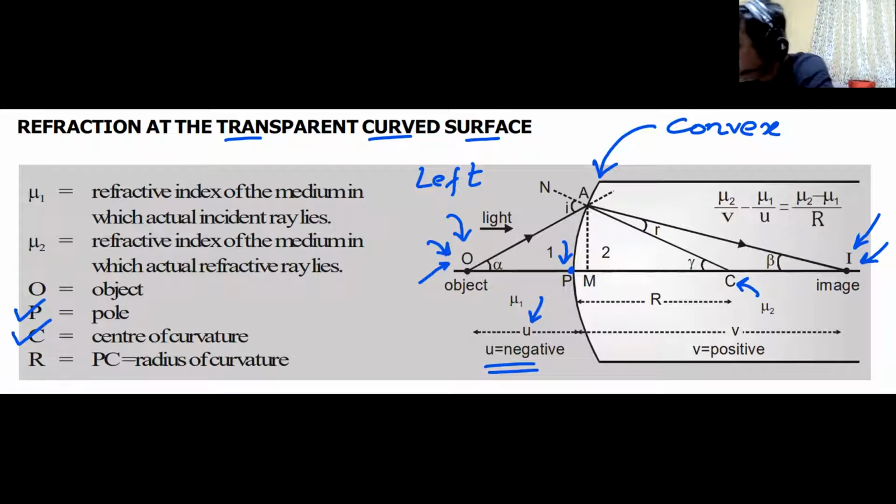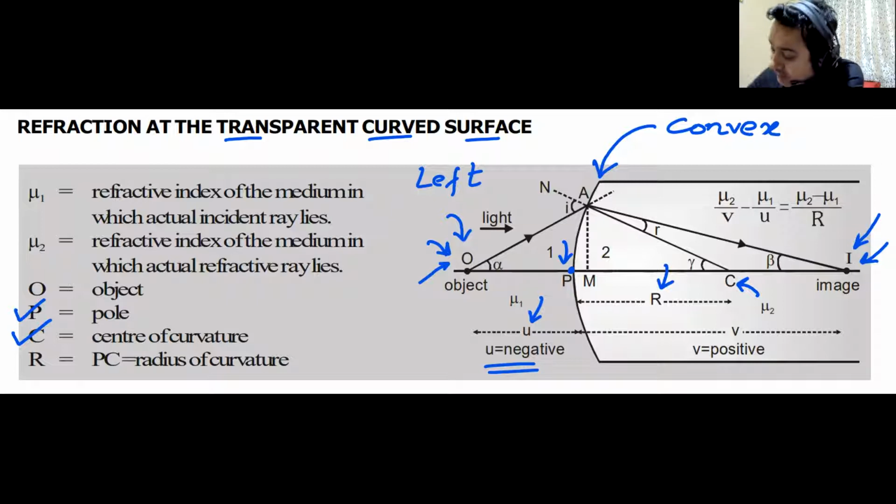I hope you are marking it together with me in the sheet. And do you see this R? This R is the radius of curvature, which is the distance of the center of curvature from the pole P of the surface.